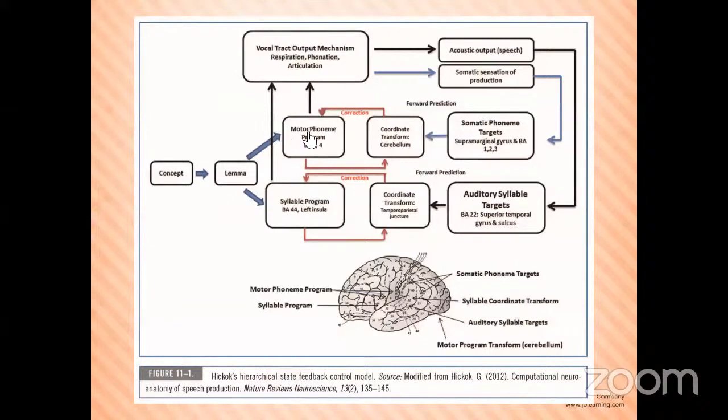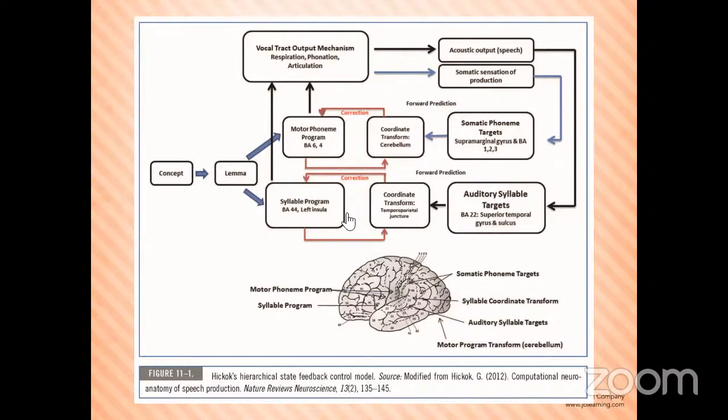This is the prefrontal cortex. And vocal tract output mechanisms, respiration, phonation, articulation, are also active. Then there's the acoustic output, that is speech, with auditory syllable targets in the superior temporal gyrus and sulcus, and they coordinate with the temporoparietal junction to coordinate the information.